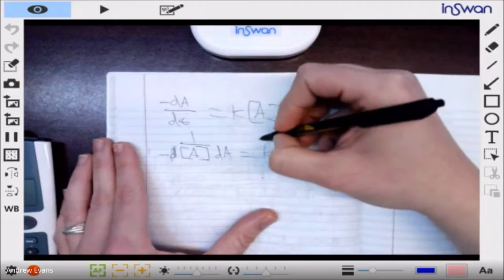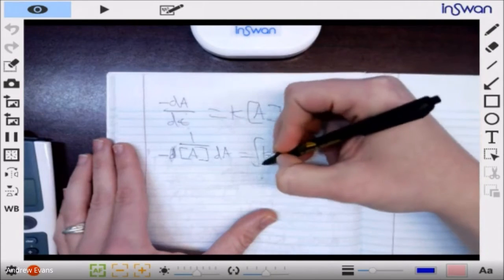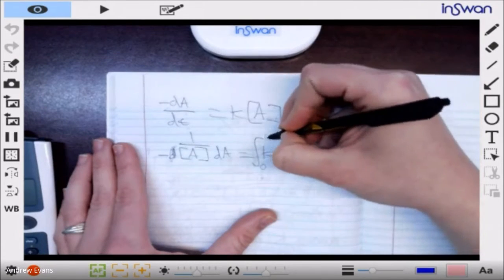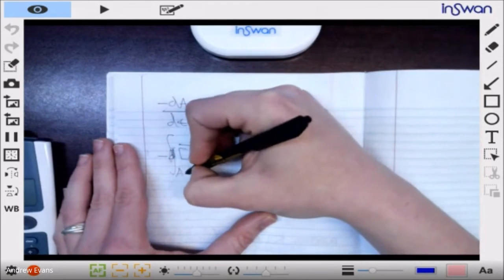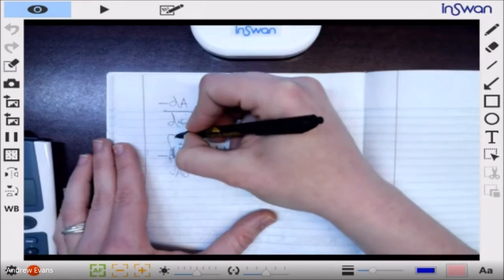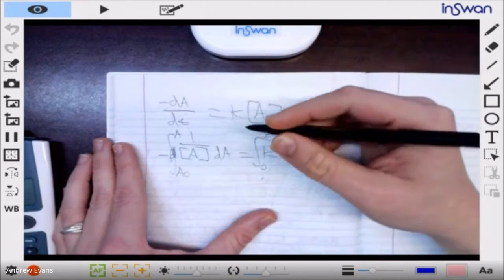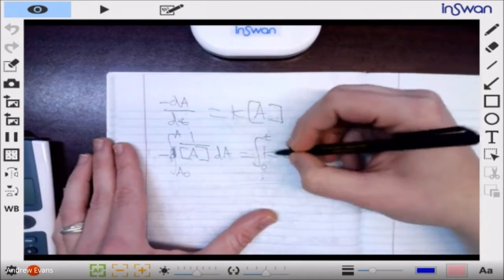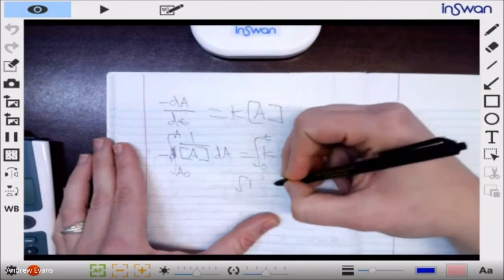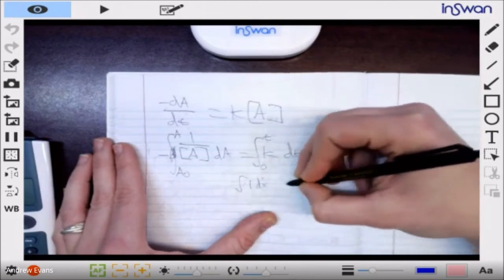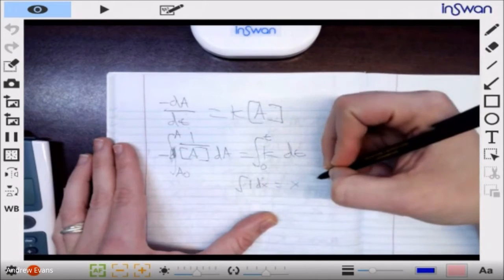Now, when I integrate this, I'm going to integrate this with respect to t, so from 0 to t, and integrate this from my initial concentration, which I'm going to call A0, to my final concentration, A. Now, this one's easy, because the integral of 1 dx just becomes x.